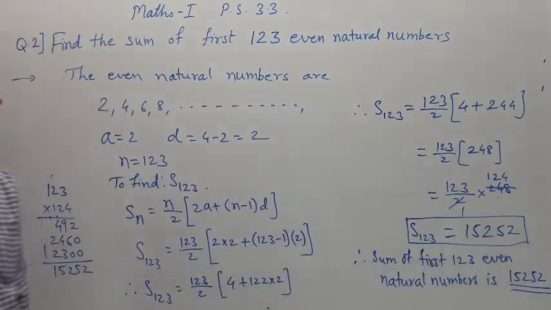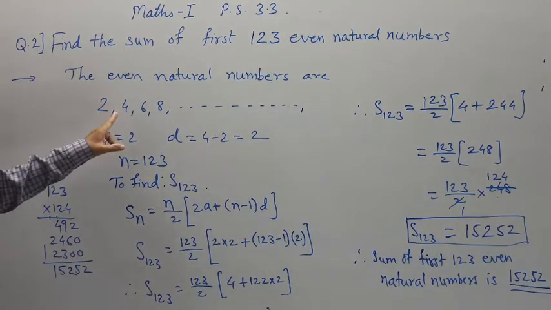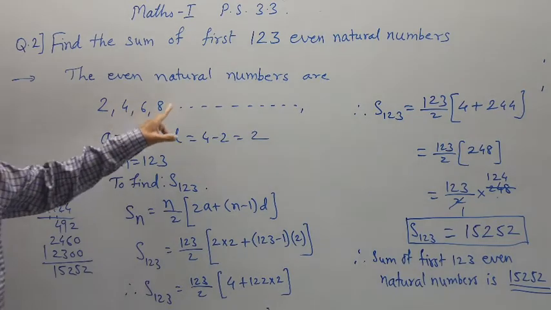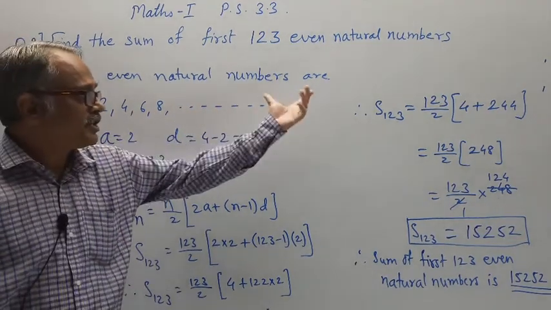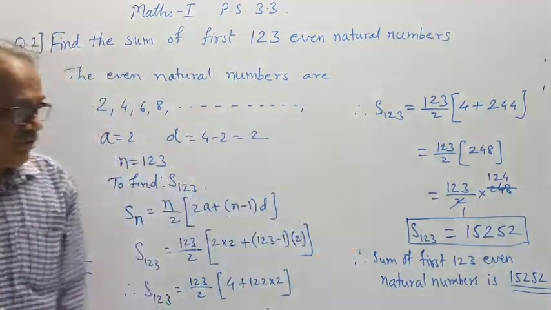It means if you go on doing it, 2 plus 4, 6 plus 6, 12 plus 8, 20 plus 10, like that up to 246, the 123rd term, the total will be that much.